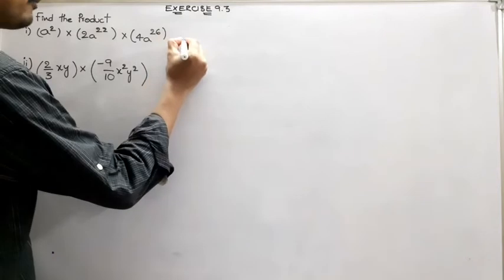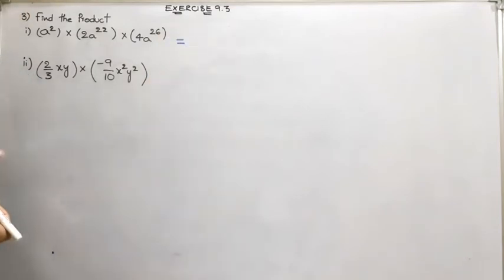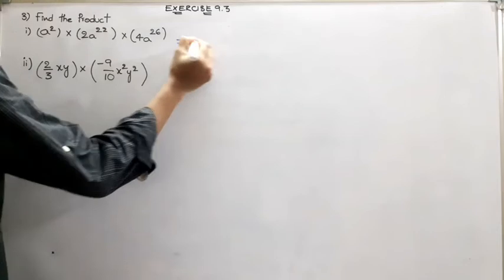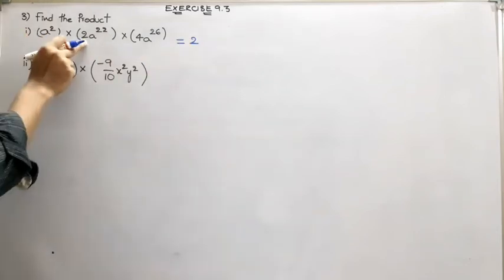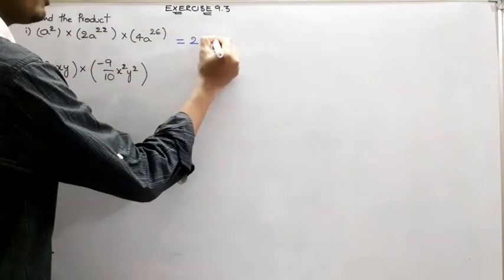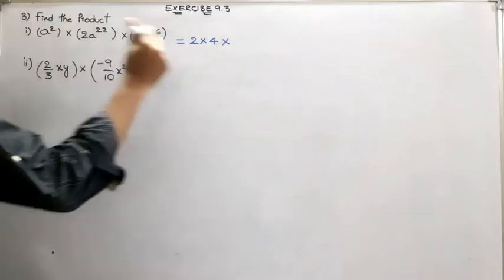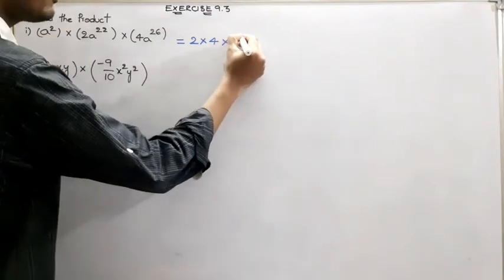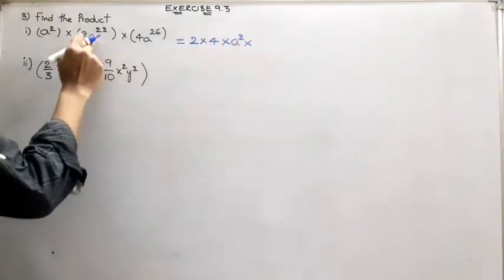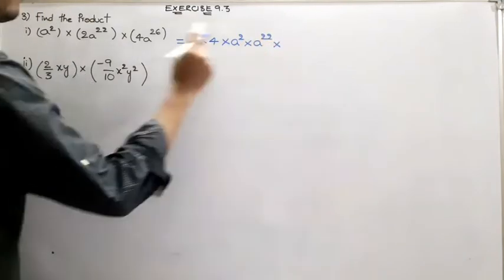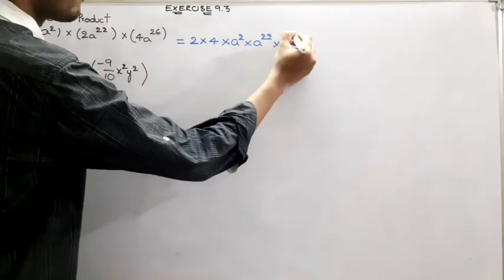So as we have been doing in the previous exercises, first we will take the numerical coefficients. 2 multiplied by 4, multiplied by, now the algebraic terms, a square multiplied by a power 22 multiplied by a power 26.